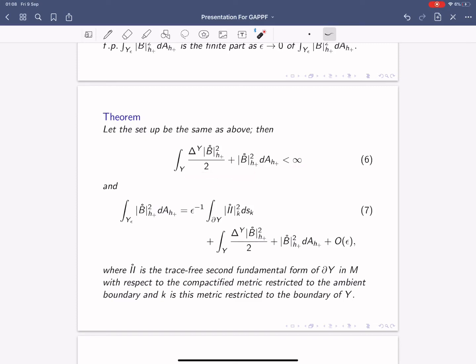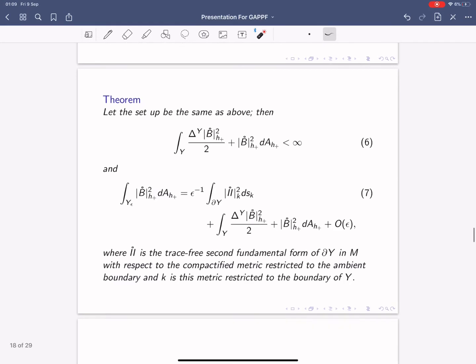And furthermore, if we look at the expansion for this, we get that it has an epsilon to the minus 1 term, which is the total integral of the norm squared of the trace-free second fundamental form on the boundary of Y. So that's the second fundamental form of the boundary of Y within the boundary of X. And then the zeroth order term is this, plus higher order terms.